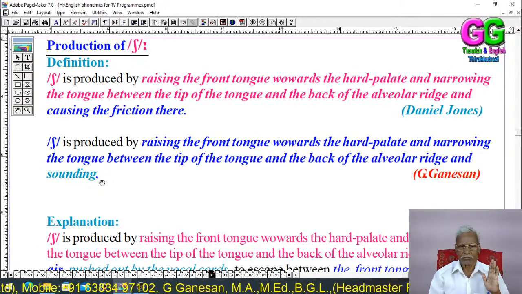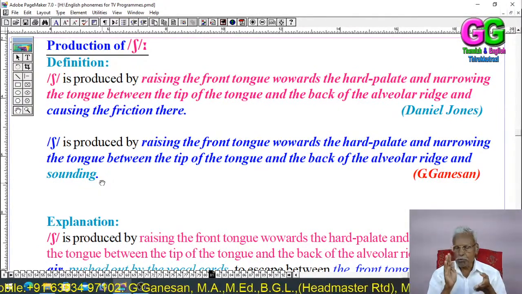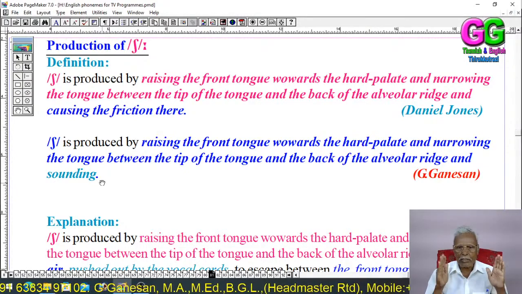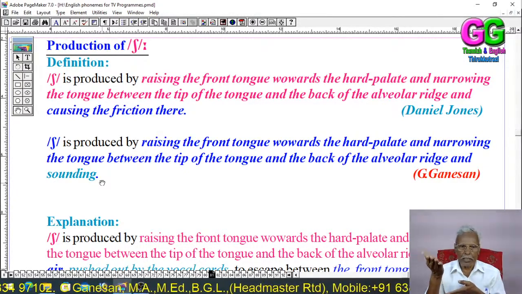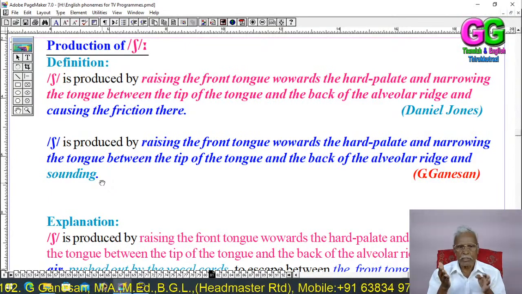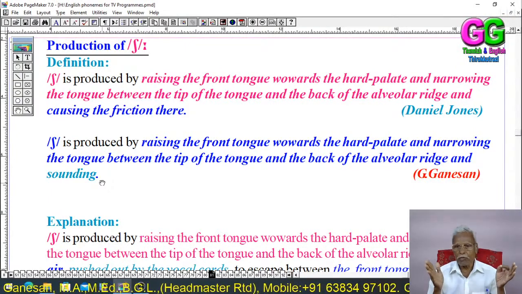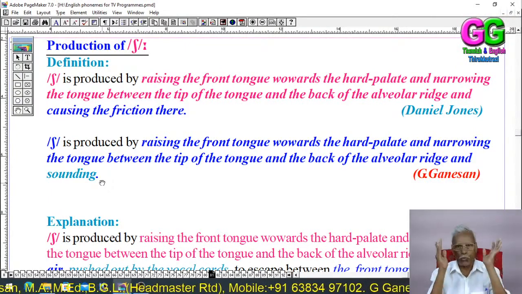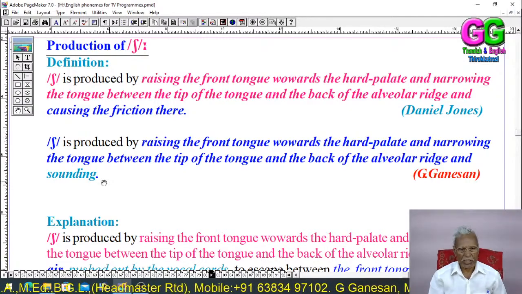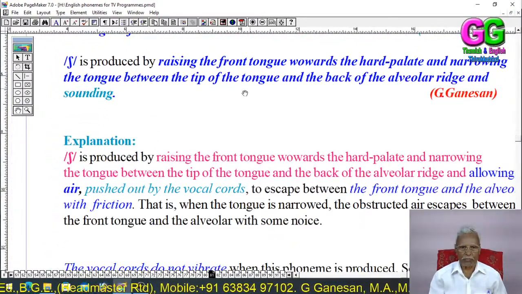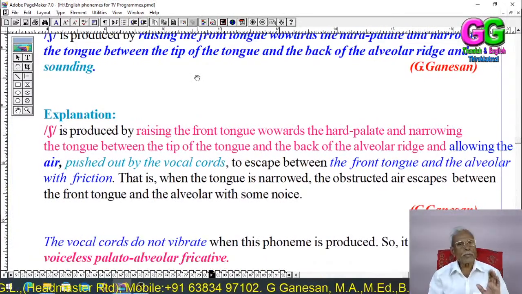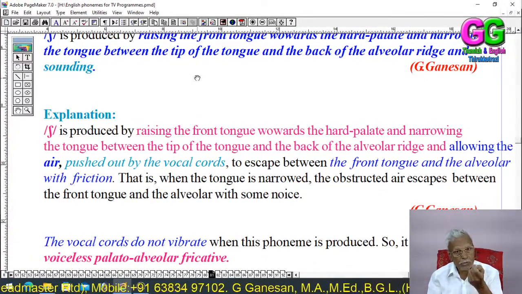That's all. This is my definition. And my explanation of producing this phoneme.